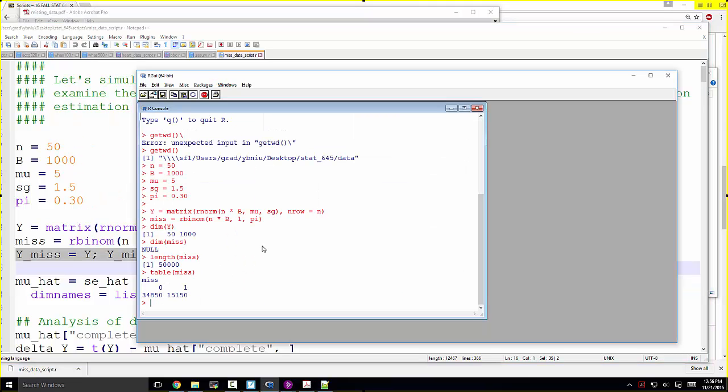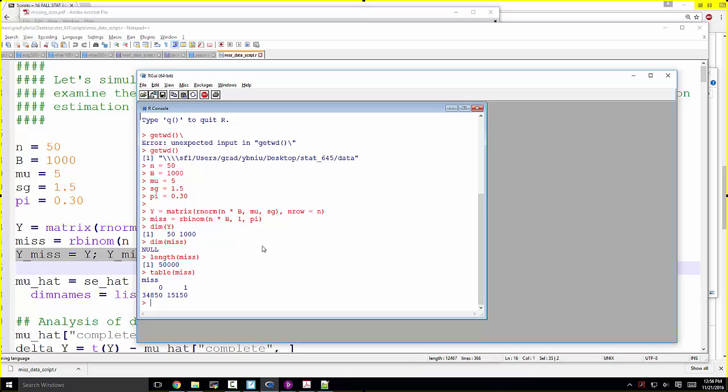Miss is a vector, Y is a matrix, but Y has 50,000 elements in it, 50 rows, 1,000 columns. If you provide a 50,000 vector, what it's going to do is apply column by column.